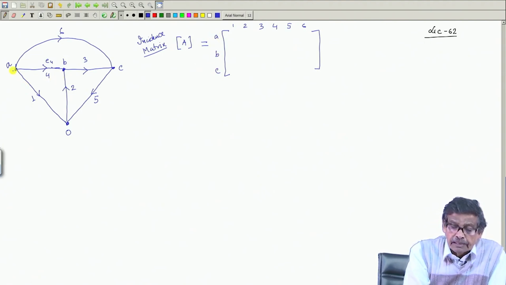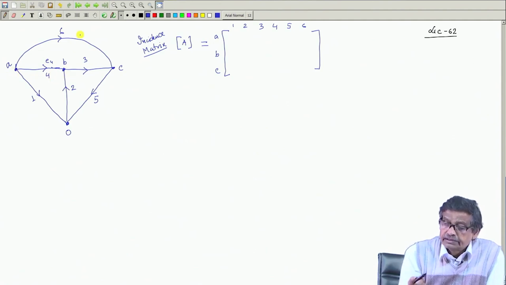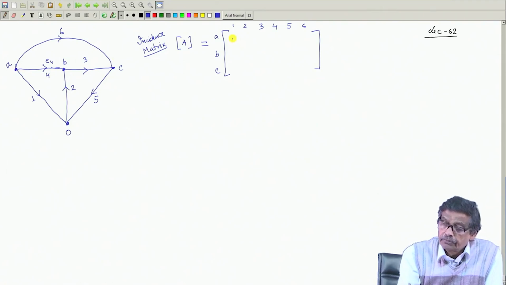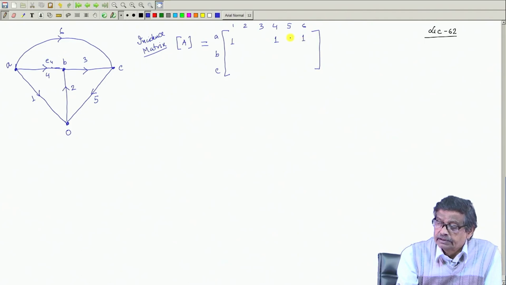At node A, things going out are assigned a plus sign. So 1, 4, 6 are the participating elements while writing down KCL here, and all are going out, so 1, 4 and 6 are +1, others are 0.